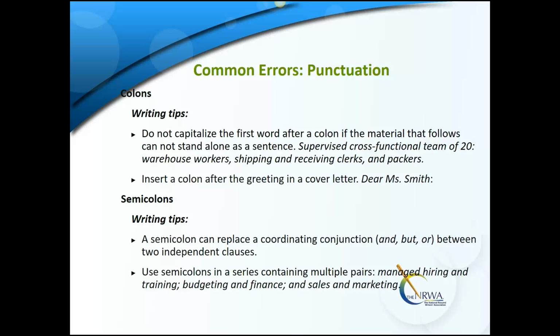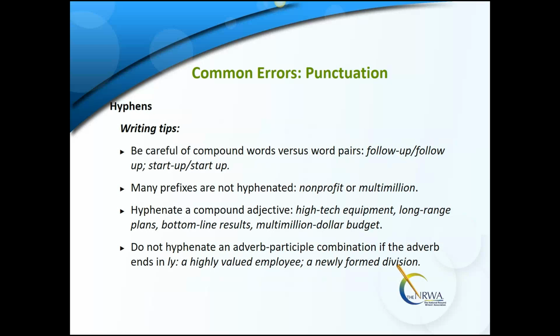Rather than having all these "managed hiring, comma, and training, comma, and budgeting, comma," it's grouping things into pairs, and each pair is separated by a semicolon. And I'm not expecting that you're going to remember all of this, but you'll at least know that we covered it, and you'll know where to go back and look when you do the homework assignment.